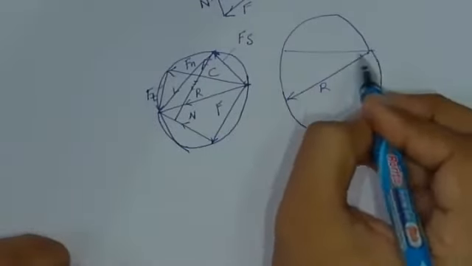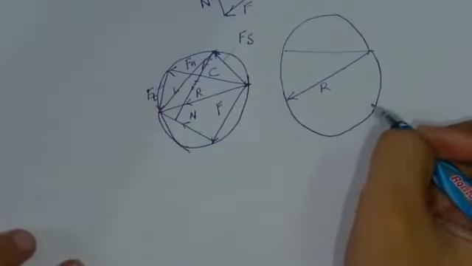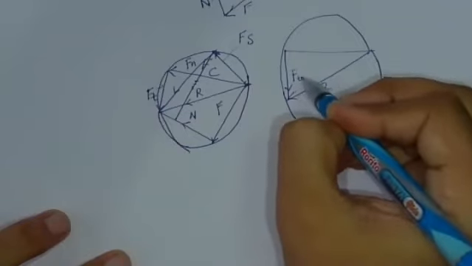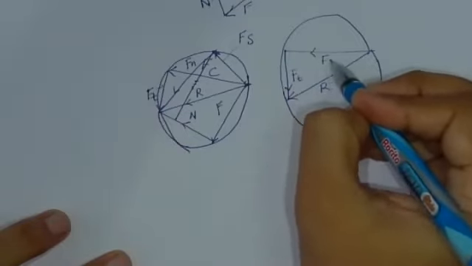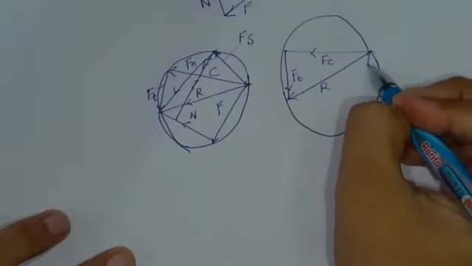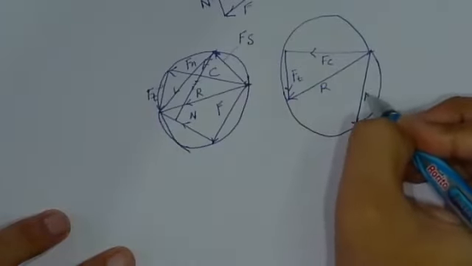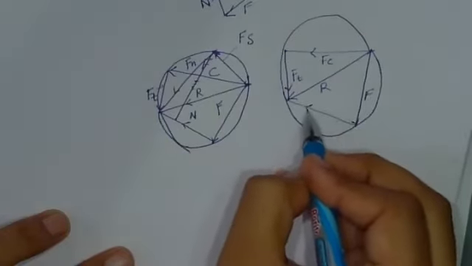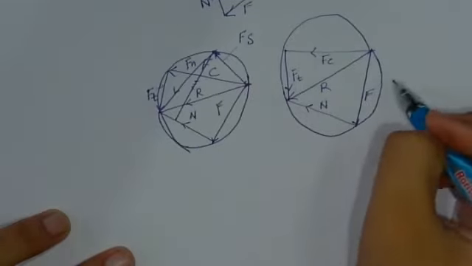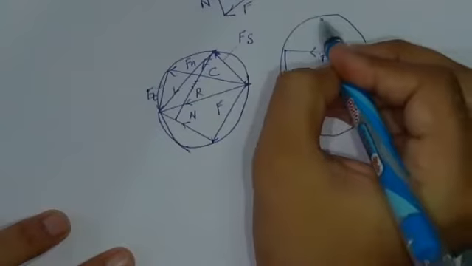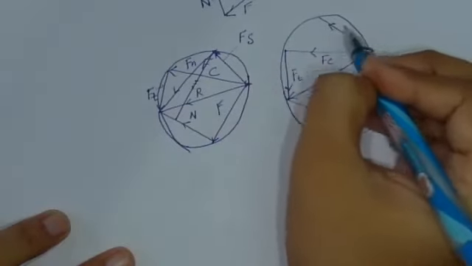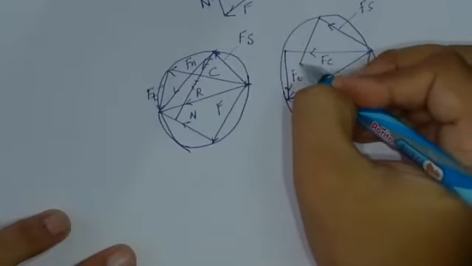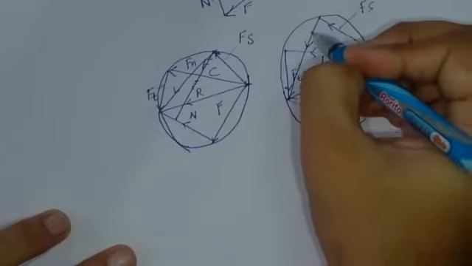The cutting force is horizontal and this is vertical, this is the thrust force, this is the cutting force, and then there is this friction force just opposite to the movement of the chip, and then there is this perpendicular which is associated with this friction force, and then there is this shear force, and associated with this shear force is a normal force which we say is Fn.